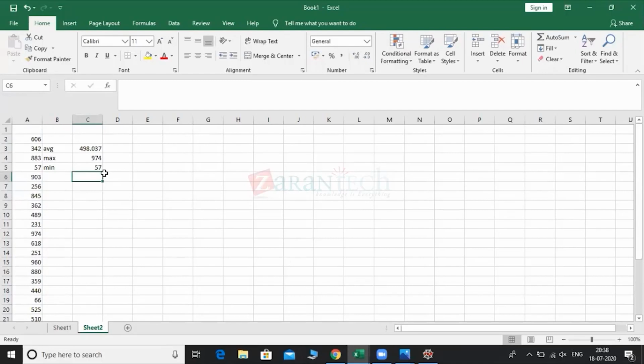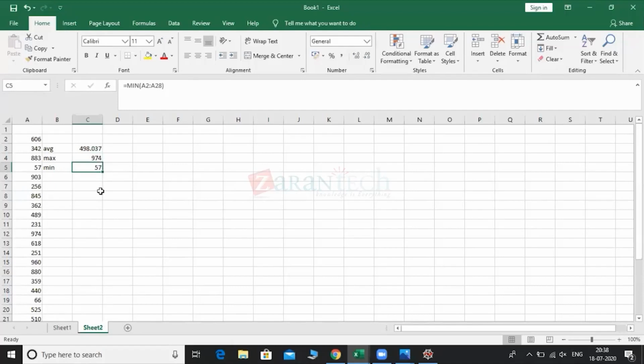So what essentially it means is that 498 is the average, 57 is the minimum value, 974 is the maximum value. So if you look at it, this 498 is quite far off from 974 and it's quite far off from 57 also. So there is a kind of distancing between the numbers.